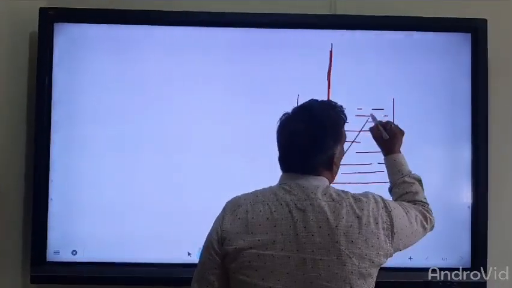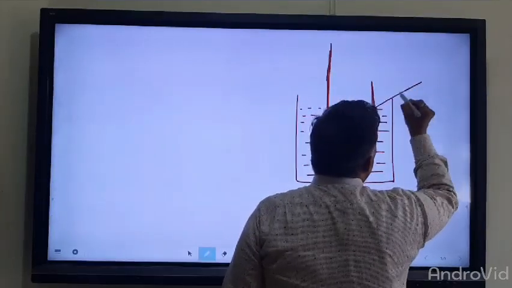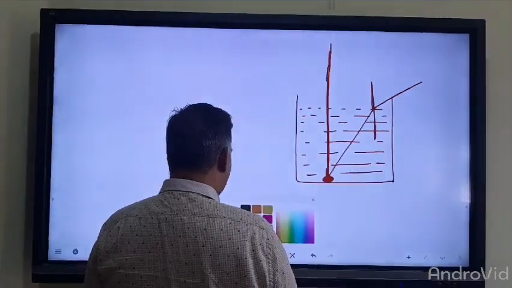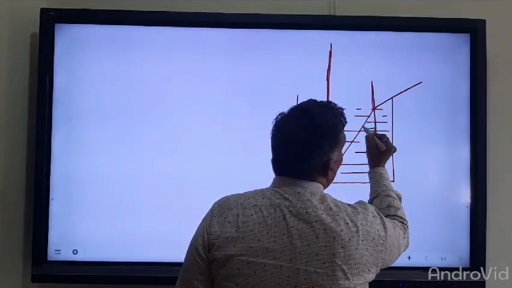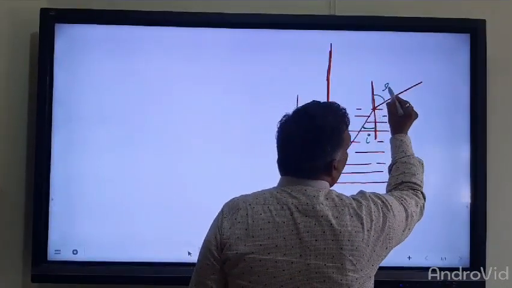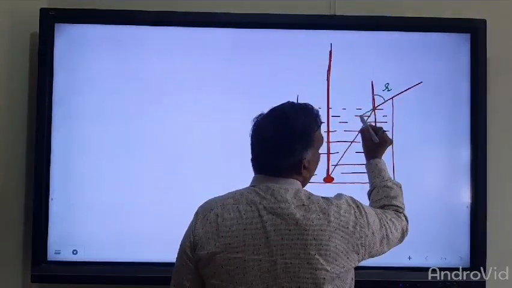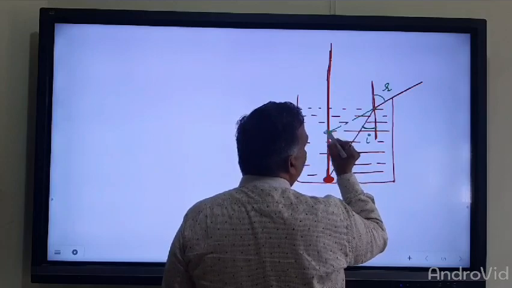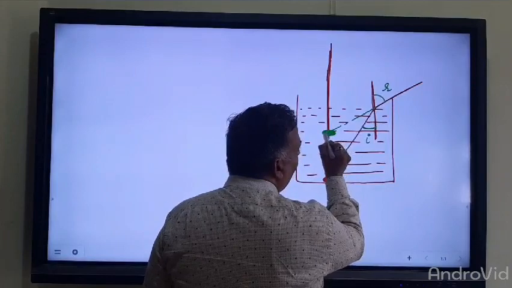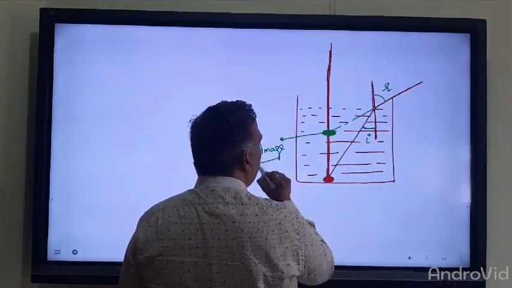Another ray goes obliquely, taking the incident angle, and this I'm taking as the refracted angle. If I draw it backward, then it seems to be meeting at this point. So this is the image formed.